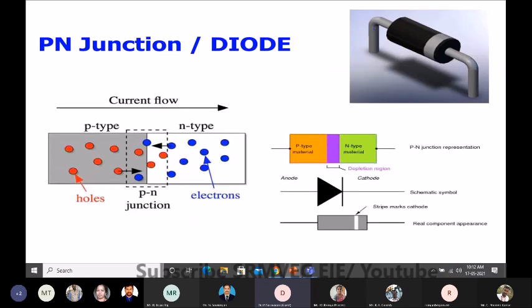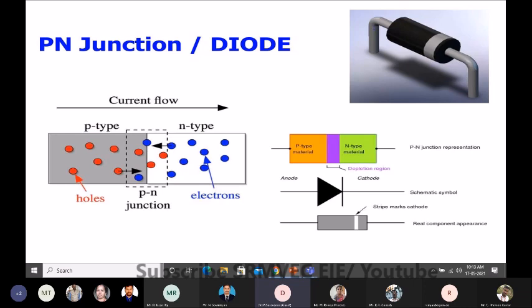The PN junction diode is the basic component from which we start with other types of devices. In a PN junction diode we have a P-type material and an N-type material. You form a junction between these two, and by external supply, either forward bias or reverse bias, we are going to see the pattern.